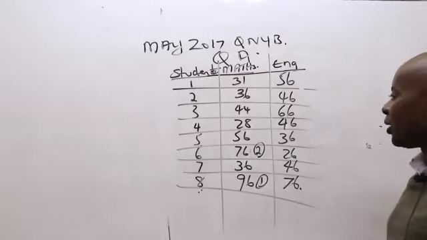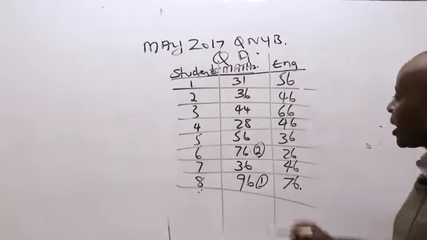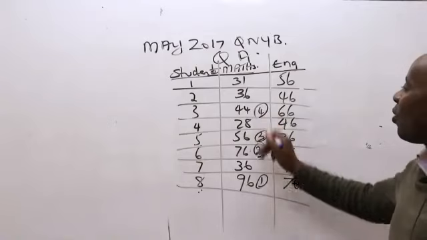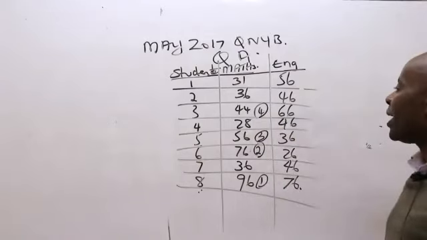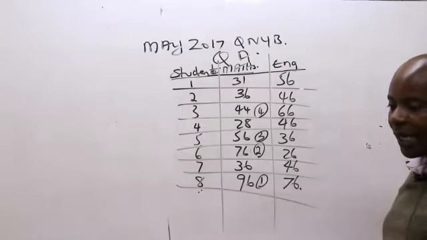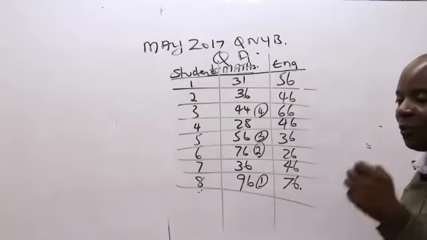After that, ladies and gentlemen, I can see 56 is number 3. From there, I can see 44 is my number 4. From there, I can see 36, but we happen to be having 2 of them.